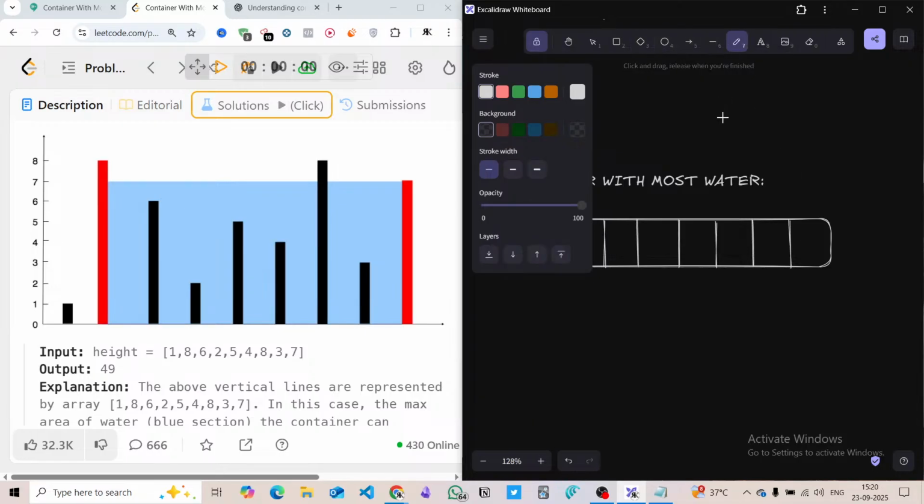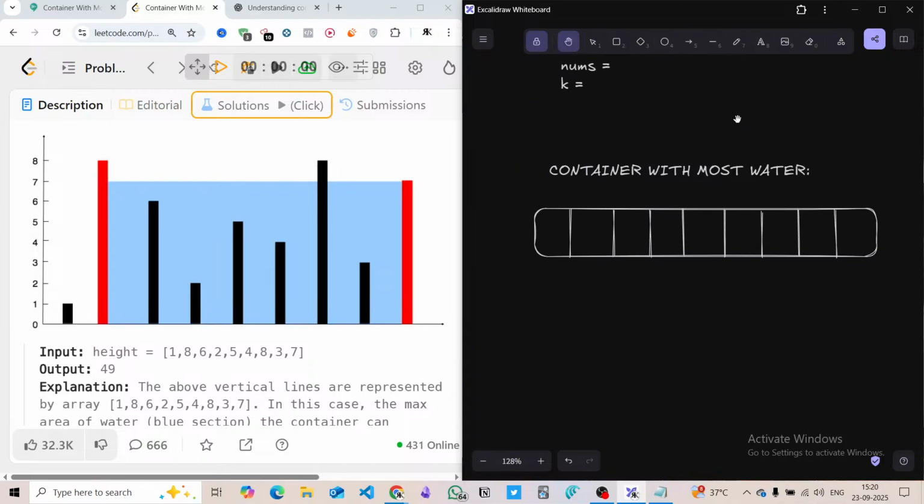So the values, we need to enter the values, right?